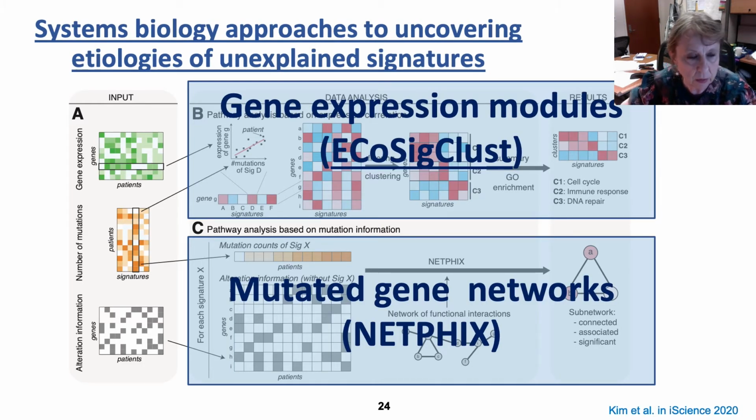In order to explain the etiology of a yet to be understood signature, we developed two complementary methods. The first method, ECO-seq class, utilizes gene expression models, while the second method is based on analysis of a mutated network.